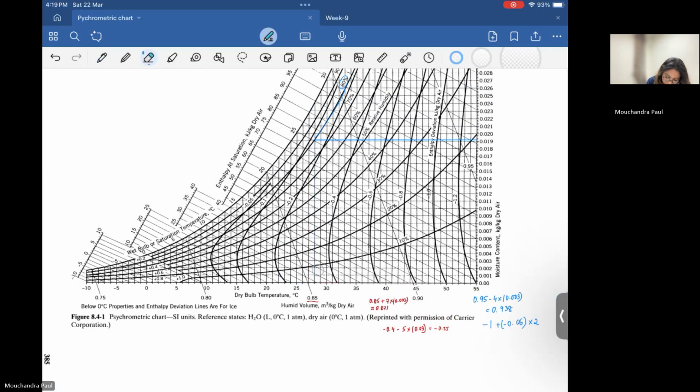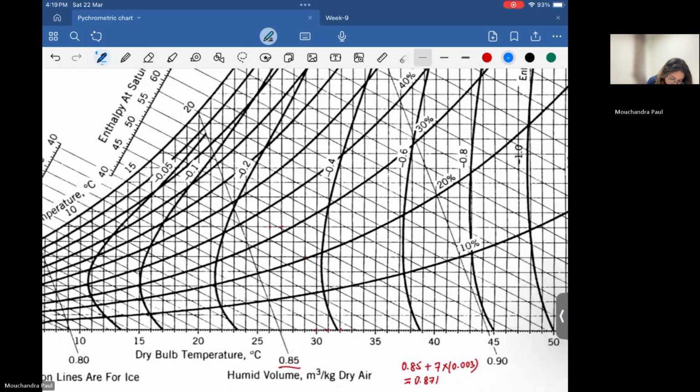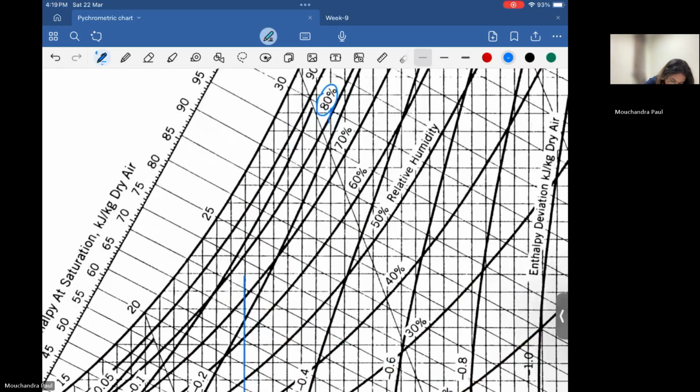So I took the wrong vertical line. Should be here. This one. This is the relative humidity curve.